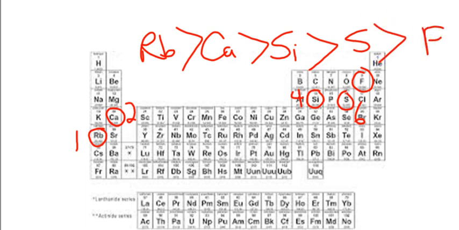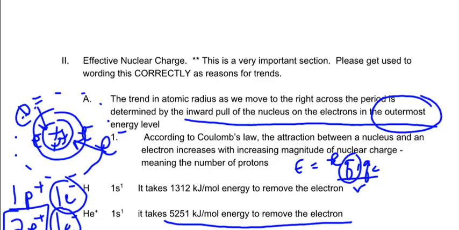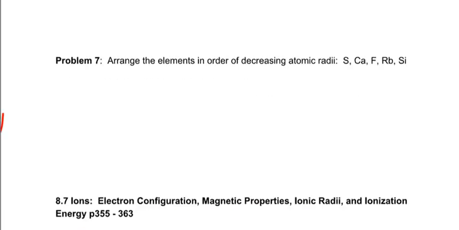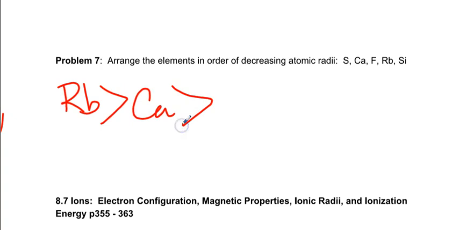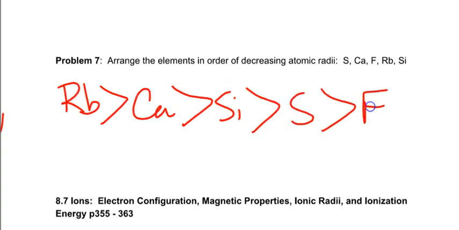Why? It has the fewest number of shells and it has the greatest effective nuclear charge at 7. Okay, so that would be my ranking for problem number, whatever that was. Well, let's find out. What was that problem? Okay, number 7. So I'd say rubidium is greater than calcium, which is greater than silicon, which is greater than sulfur, which is greater than fluorine, okay?